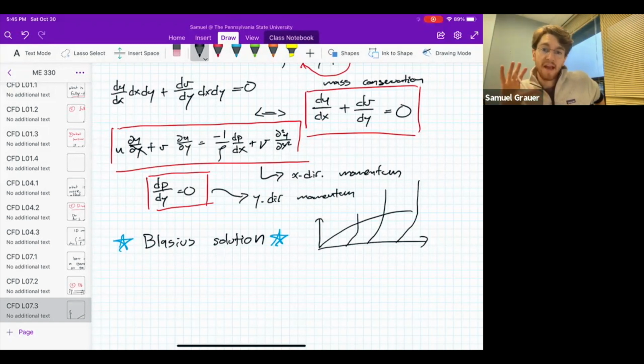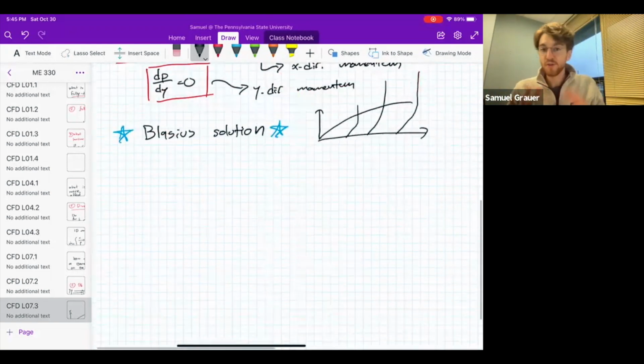So if we assume that we have a velocity profile that can be written as a function of the boundary layer times a profile that's the same everywhere in the flow that just stretches to the height of the boundary layer, then you can transform these partial differential equations into ordinary differential equations, and you could get a nice, simple analytical solution that gives you a function for u as a function of x and y throughout your whole flow field. What we're going to do is skip over that solution and do a much simpler thing called scale analysis.